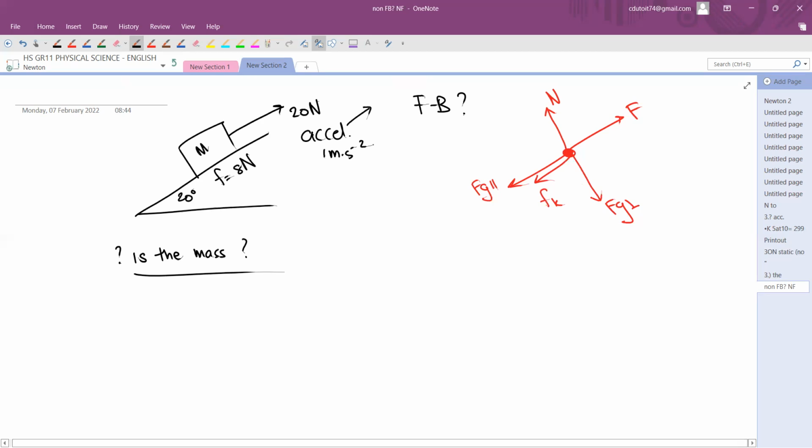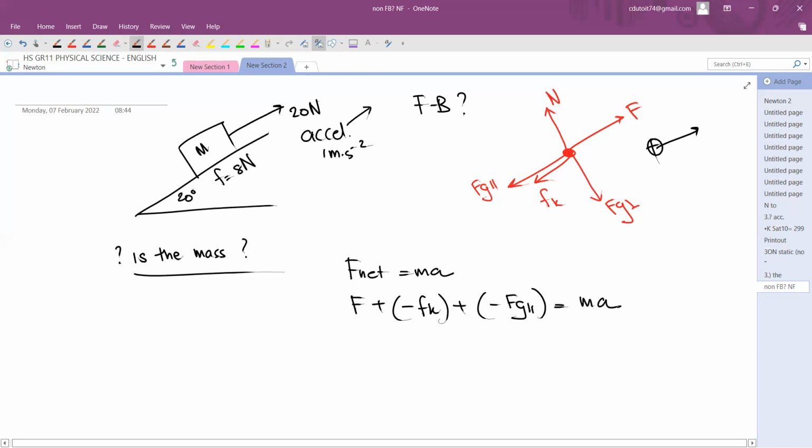Okay, very important. You're not going to solve this. You're going to say F net equals ma. This is the whole idea of the free body diagram, so that you're not really solving the sum. You're allowing the sum to solve itself. So you're going to say, okay, fine, the net force, let's choose the upward direction as positive. So the applied force plus negative friction plus negative Fg parallel equals ma.